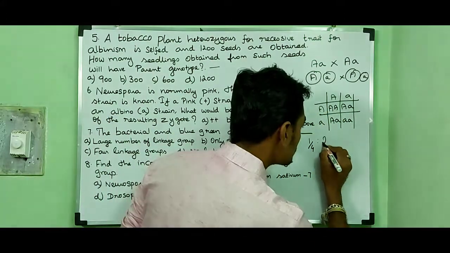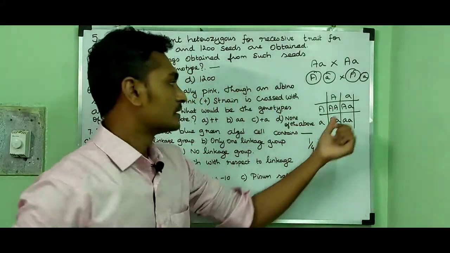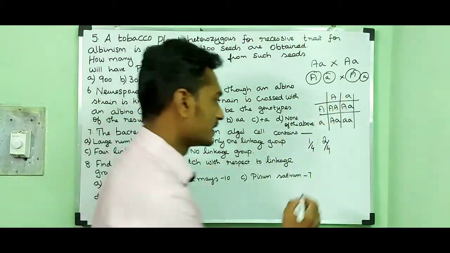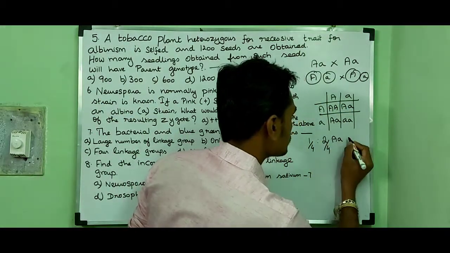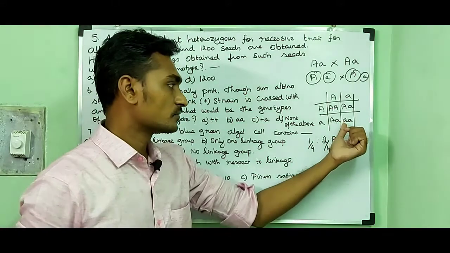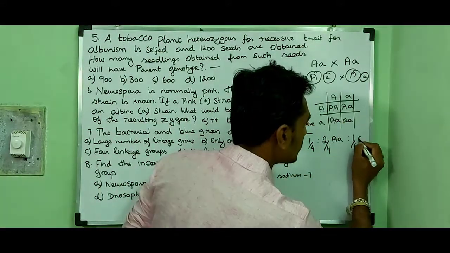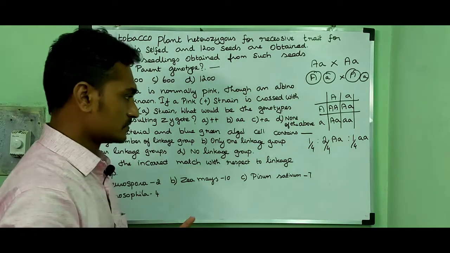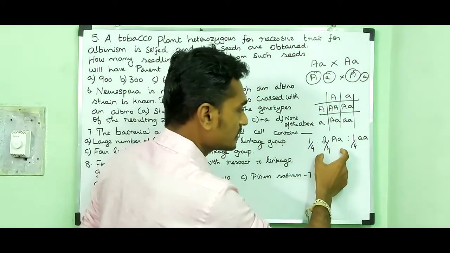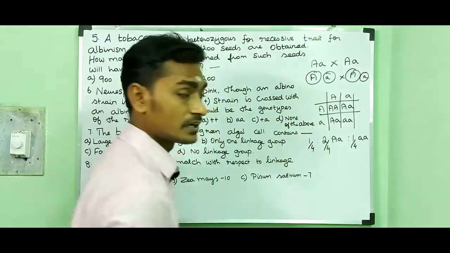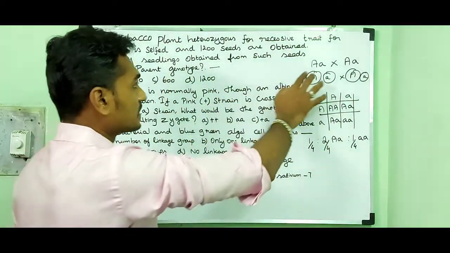Then two of them show capital A, small a, and only one young one shows small a, small a. So here we get two young ones which show the genotype capital A, small a.